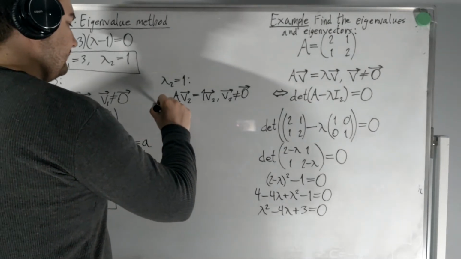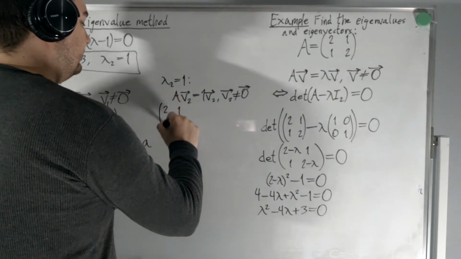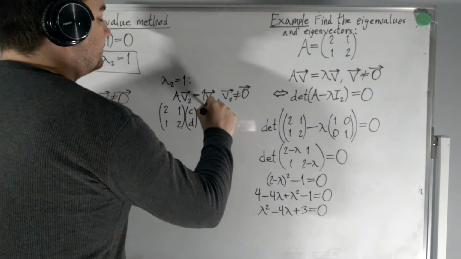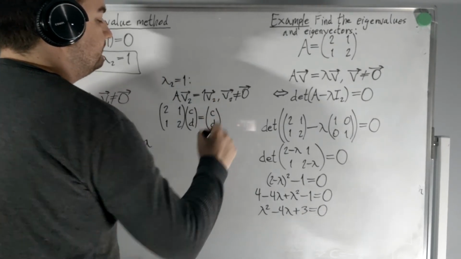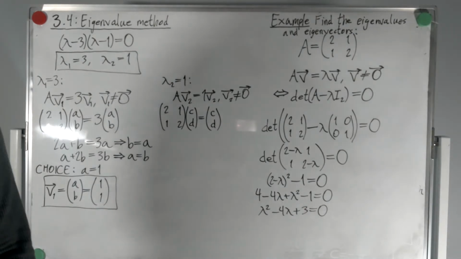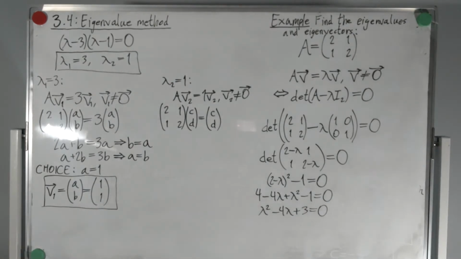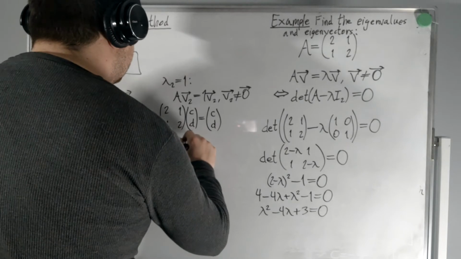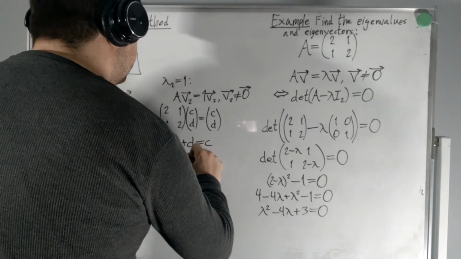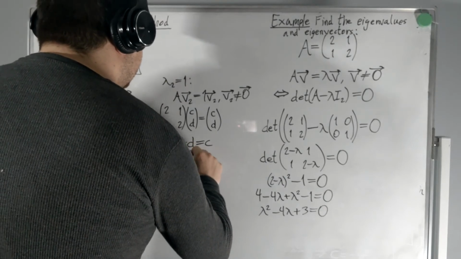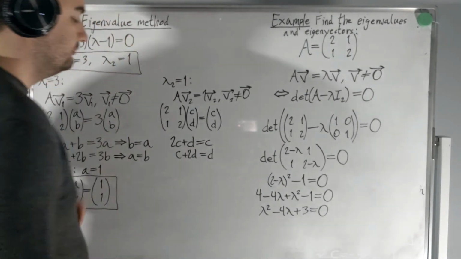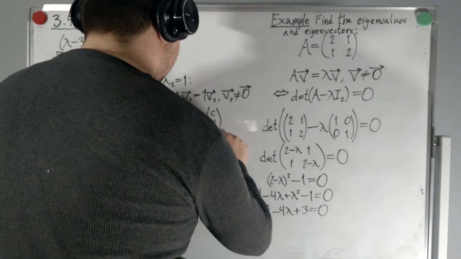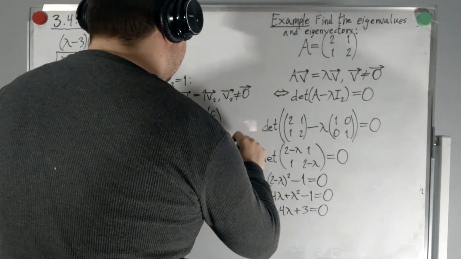So this is the same as saying 2, 1, 1, 2 times, let's call it C, D now, equals 1 times C, D. You multiply through, you get 2C plus D equals C, and 1C plus 2D equals D. Subtract 2C from the first equation, and what you get here is D equals negative C.